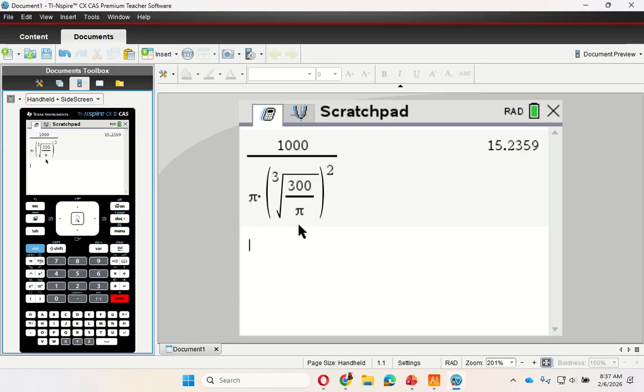And let's see what this one with my actual r is gonna be. 3 over control divide.